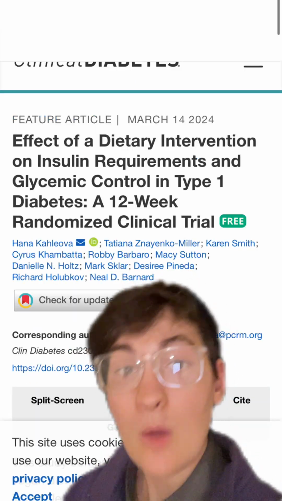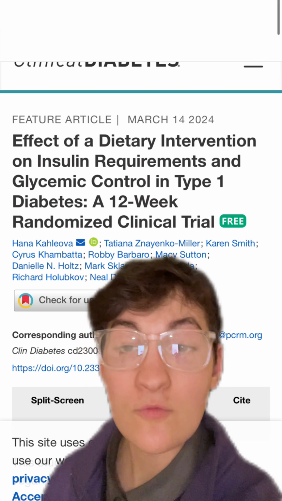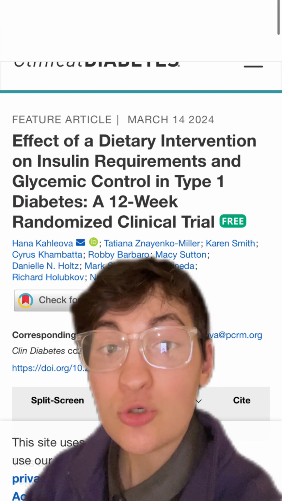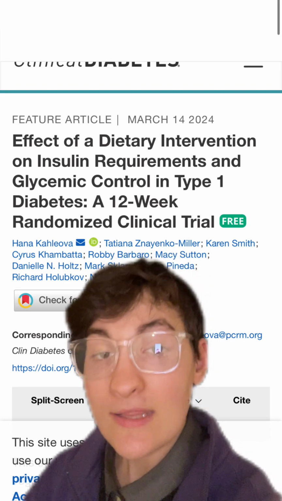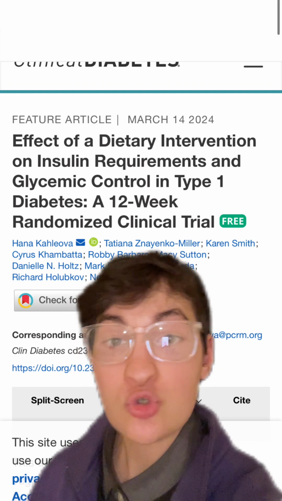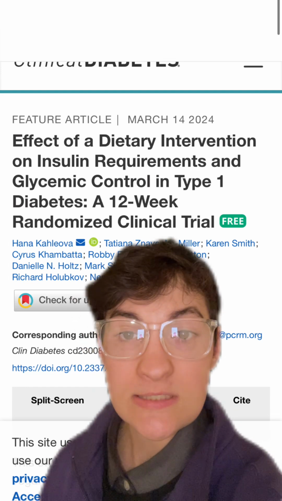And the last study I'll present to you is actually in type 1 diabetics, who are a fantastic model for insulin sensitivity because they are directly injecting insulin every time they're consuming carbohydrates. Therefore, the more insulin they need to inject to control the same amount of carbohydrates, the more insulin resistant we would consider them.